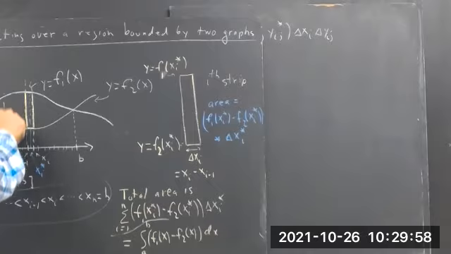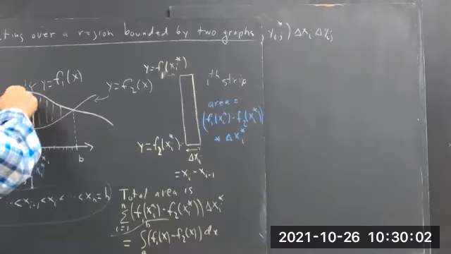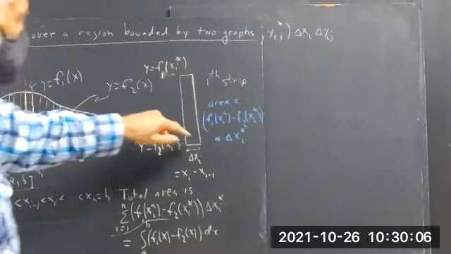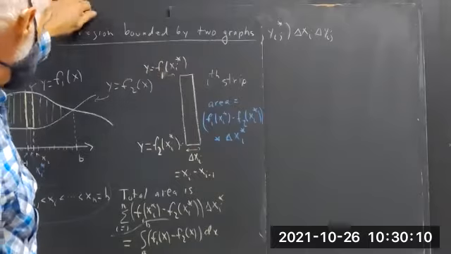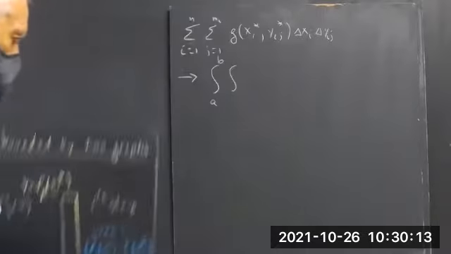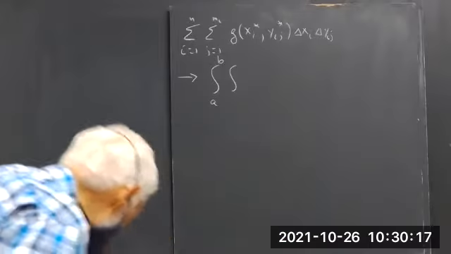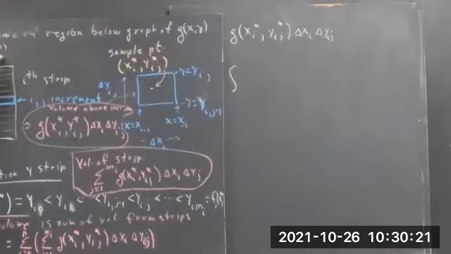So, let's see. We have a bunch of rectangles, each of which we've partitioned in the y direction. And that gives us something that we can visualize.